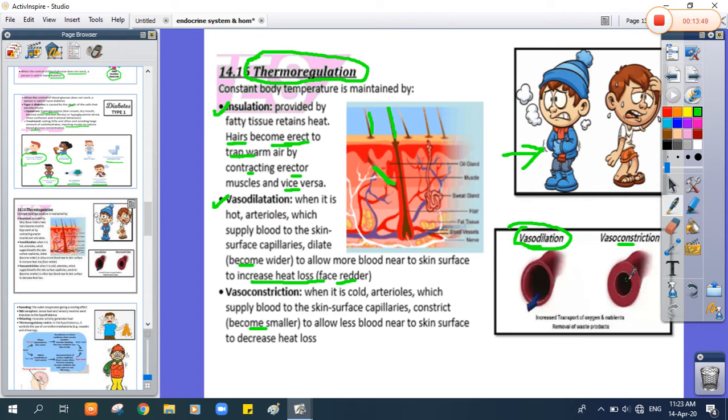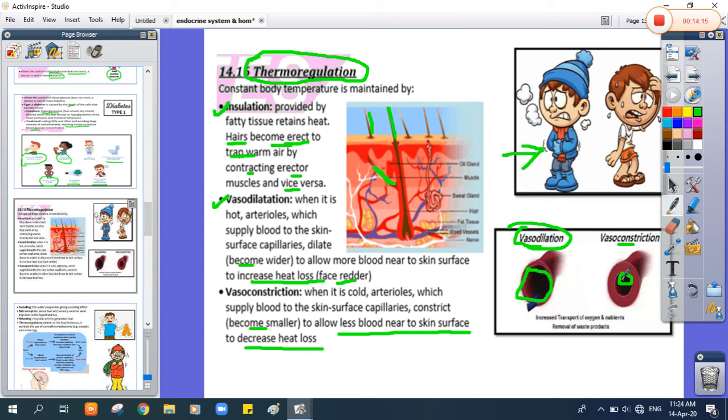Can you see here this smaller circle? It is narrow, and this is in the vasoconstriction. In vasodilation it is not narrow, it is a wide one. Why in vasoconstriction does the blood capillary become smaller? This is to allow less blood near the skin surface, to decrease the heat loss.